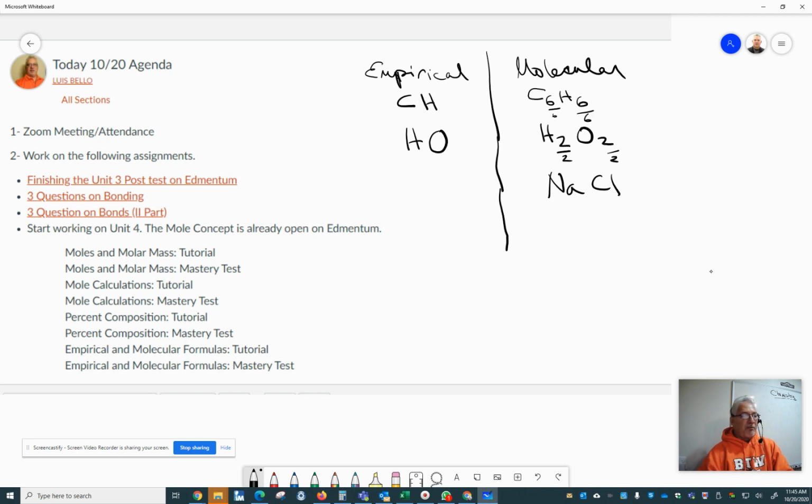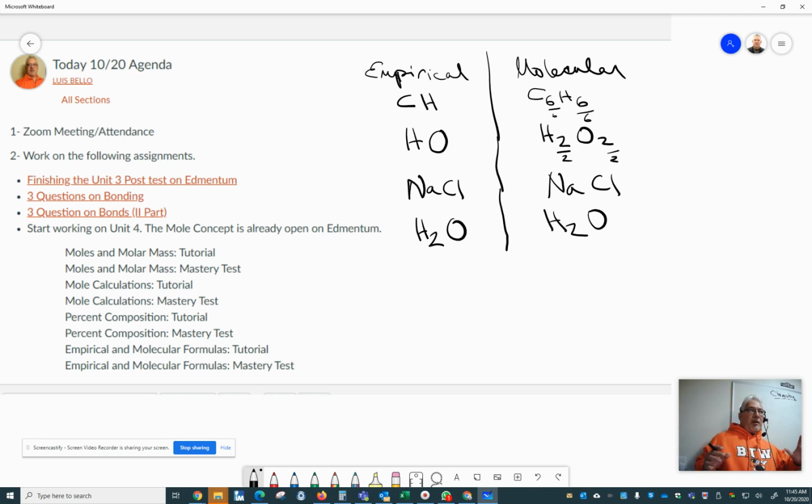We don't need to simplify. So notice that in the case of sodium chloride, the empirical formula equals the molecular formula. The same happens with water. In water, we have 2 hydrogen and 1 oxygen. We cannot simplify more, so the empirical formula will be this one.